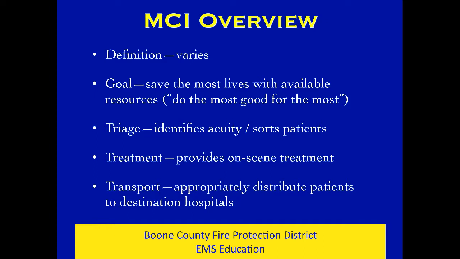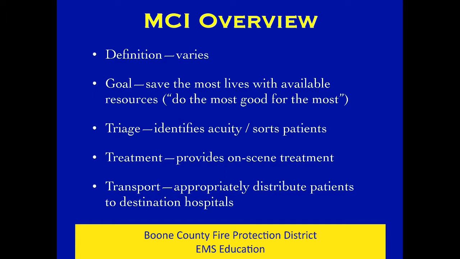A patient, for instance, the only patient on a call, a non-MCI event: if that person's not breathing and has no pulse, usually we would start CPR and work that as a cardiac arrest. Whereas if that is a person in an MCI, most MCI rules and procedures would have us simply open that patient's airway, and if they don't start breathing on their own, then we must move on.